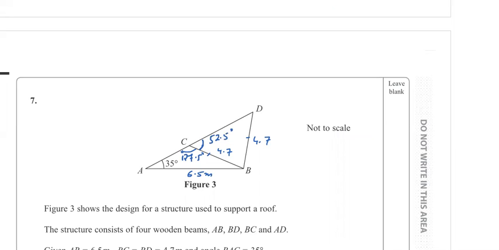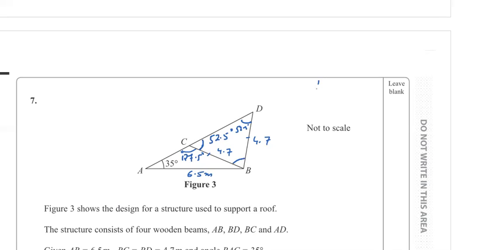As BCD is an isosceles triangle, this angle will also be 52.5 degrees, because in an isosceles triangle the base angles are the same. So on that basis, I can calculate this angle also.